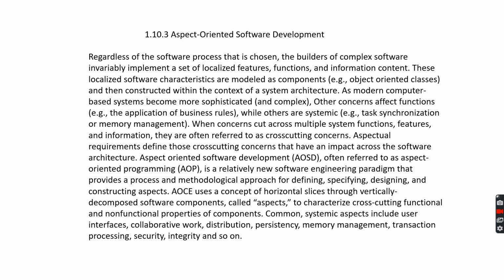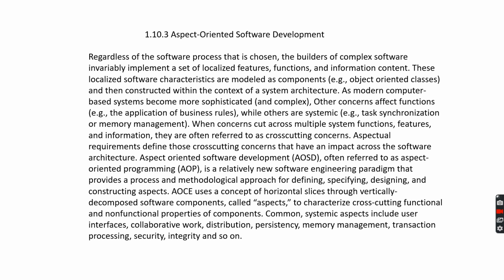When concerns cut across multiple system functions, features, and information, they are often referred to as cross-cutting concerns. Aspectual requirements define those cross-cutting concerns that impact the software architecture. It is a relatively new software engineering paradigm that provides a process and methods for defining, specifying, designing and constructing aspects.